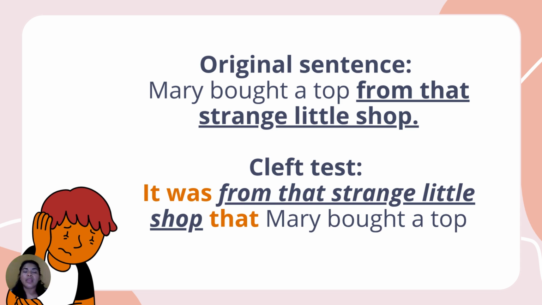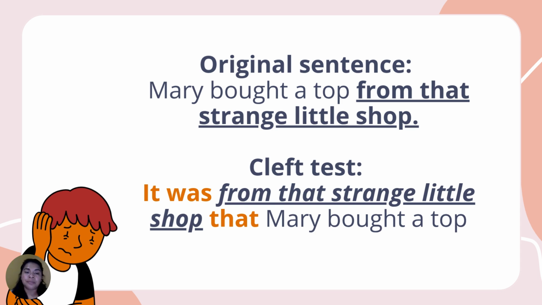Let's see the example. "It was" is the first thing we have to take into account, the first part of the formula. It was from that strange little shop, the phrase that is underlined, then "that," then we rearrange the words that are left: Mary bought a top.